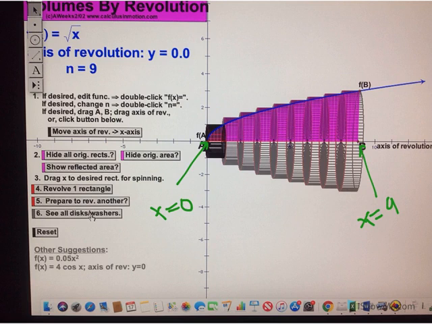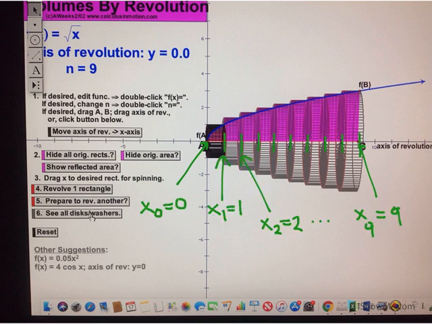So each subinterval has a length of 1 unit in my partition for this particular drawing. So that's the partition, and on each subinterval of the partition, we drew a rectangle, we revolved that rectangle, and we got a cylinder, a right circular cylinder or a disk. And this is an approximation for our solid of revolution.